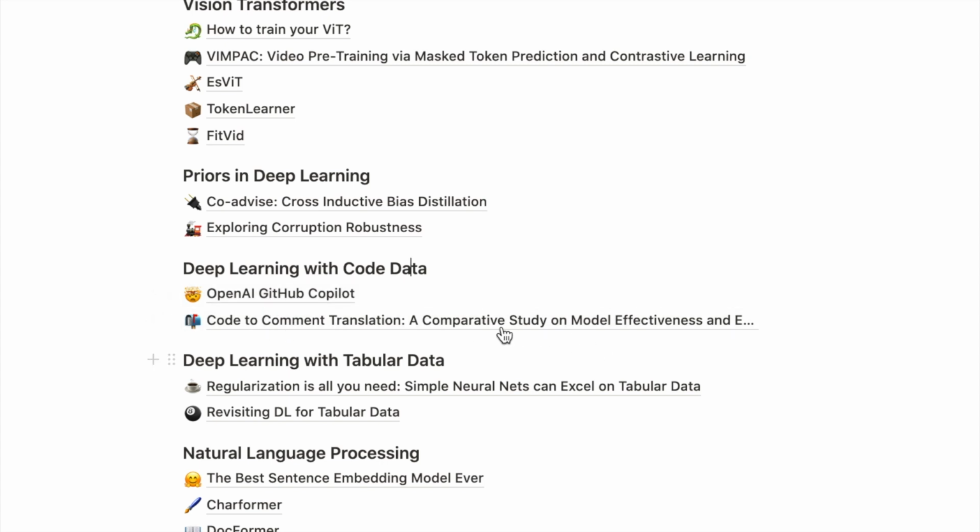And then this is the latest paper that we'll cover in this video, Code to Comment Translation, a comparative study on model effectiveness, and I don't remember that E word, but maybe efficiency. So code to comment translation is where you have some code and you want to generate a natural language description of the code, like code documentation. They're looking at what the failure modes are when you take a BART model off the shelf and apply it to, say, Java data, generating natural language descriptions of code.